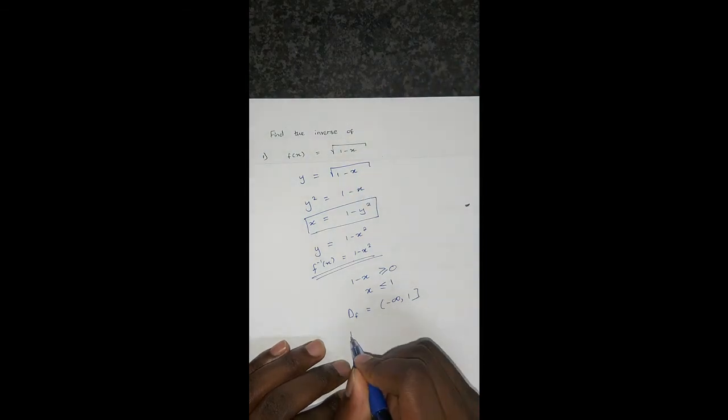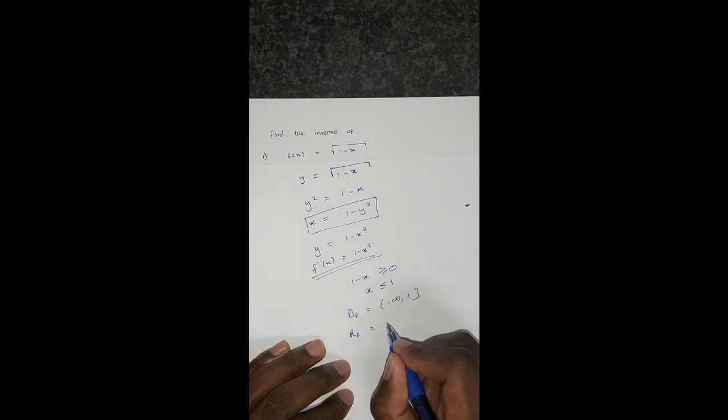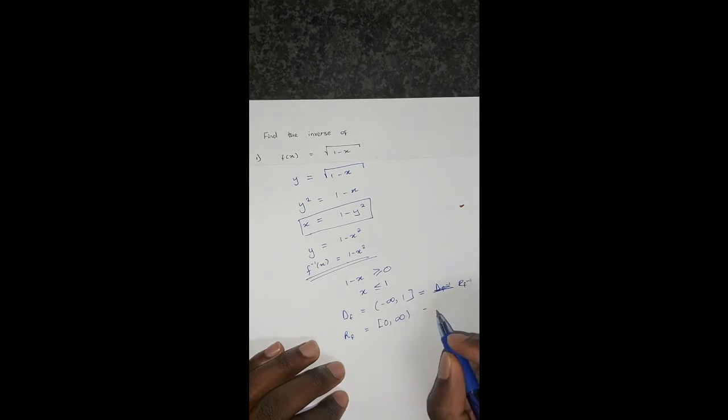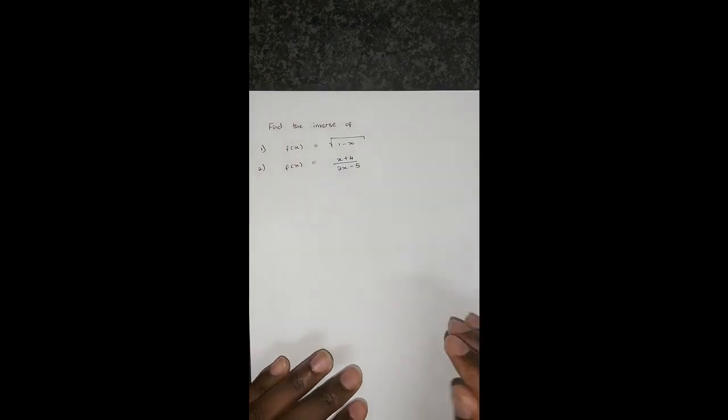So the range of f is 0 included up until infinity. Now this becomes the domain of f inverse, and the range of f becomes the domain of f inverse. Okay, moving on to the next question.